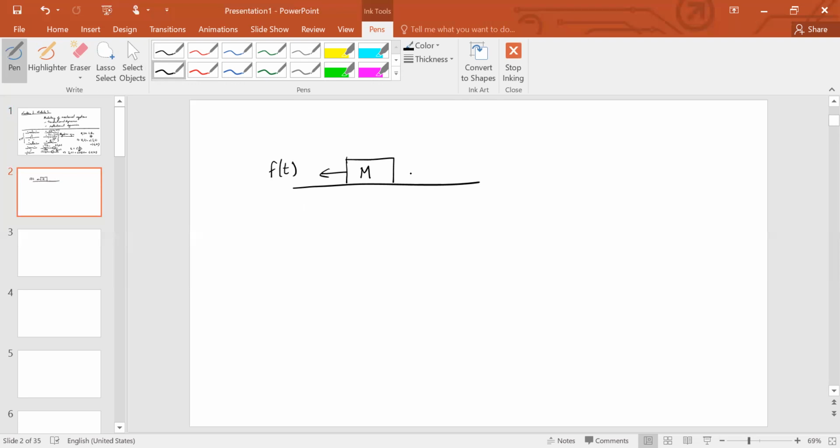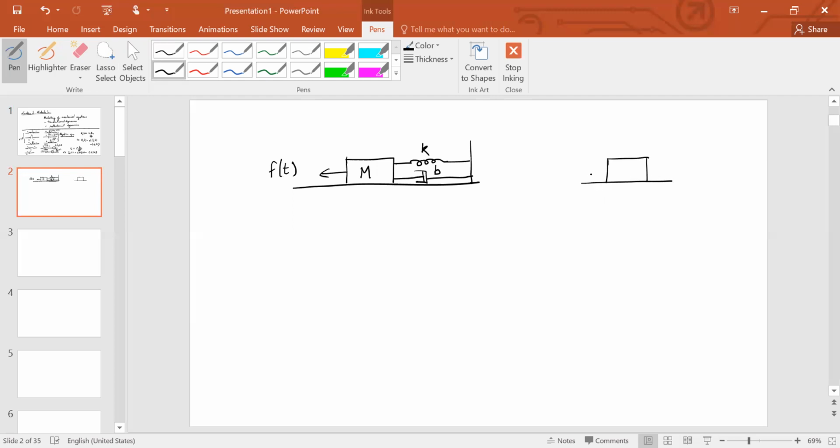This is connected through a spring having a spring constant K and a dashpot, let's call this B. So we know that if you want to draw the free body diagram for this, this is what we do.